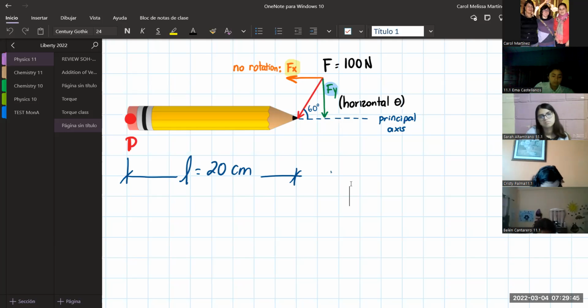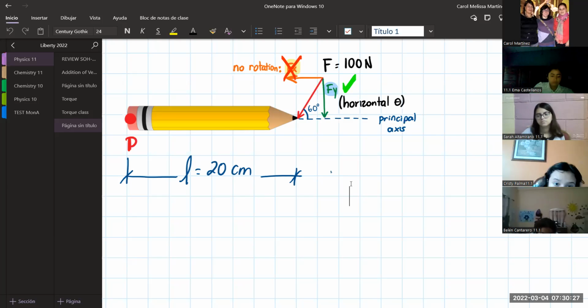Fy is going to be able to. So in this moment, what are you going to do? First, you're going to discard the force you don't need, which in this case is Fx, because it doesn't make the rotation possible. And what are we doing with torque? We need to rotate objects. So the only force that is going to be important in this step is going to be just Fy.